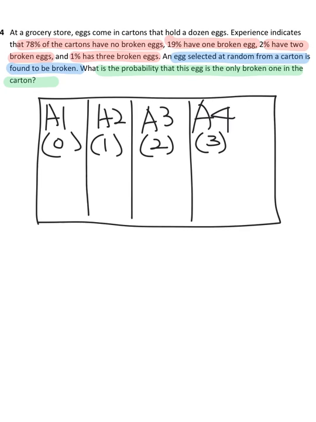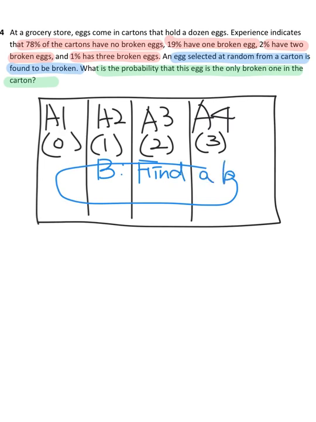Okay? Let me make the B here. Not there, but here. Find a broken egg. That is the event of B.